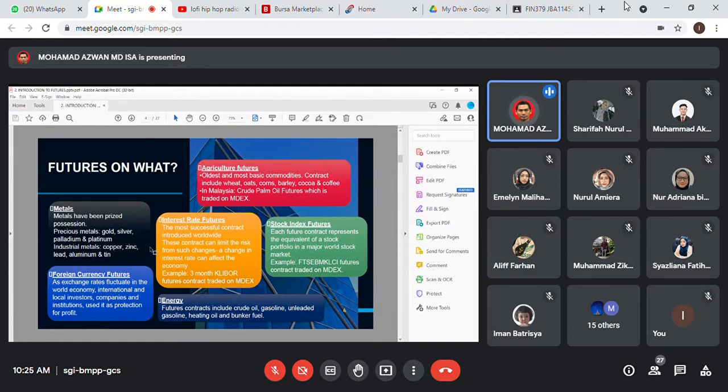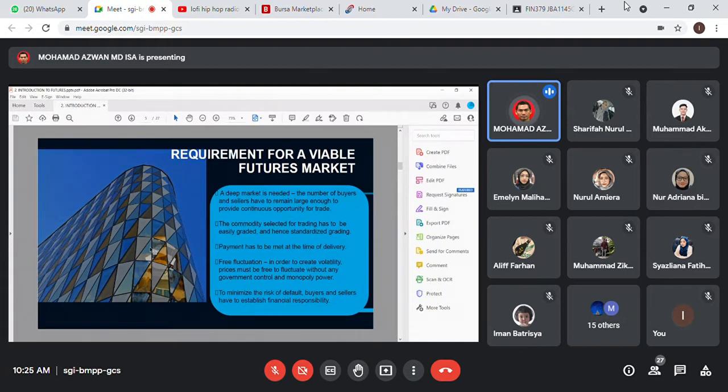We have also covered the requirements for the futures market to be sustainable, successful, and viable.